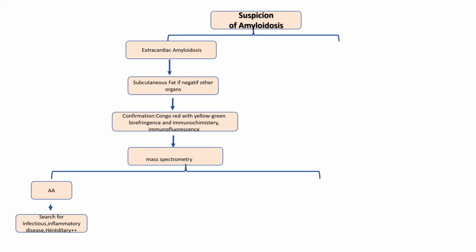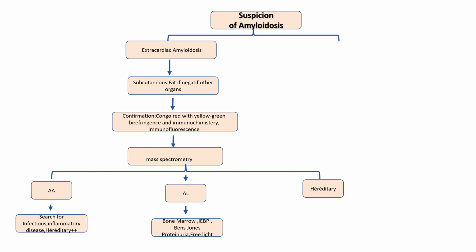If we have AA amyloidosis, we can research an etiology: inflammatory, infectious, or hereditary cause. If we have AL amyloidosis, we can do bone marrow, Bence-Jones proteinuria, and free light chains.